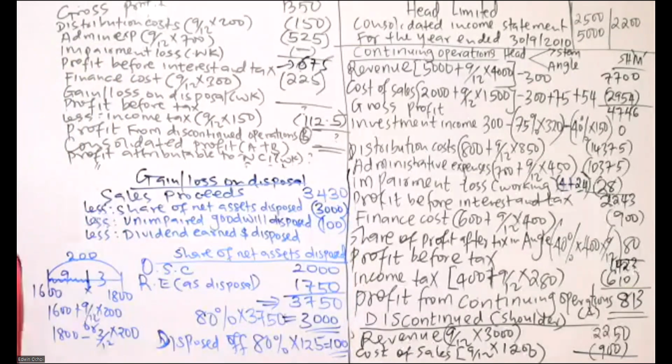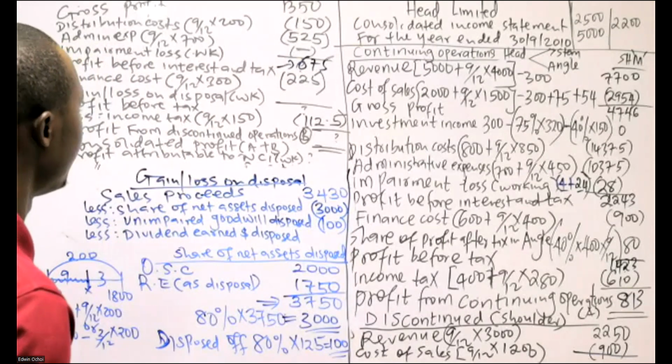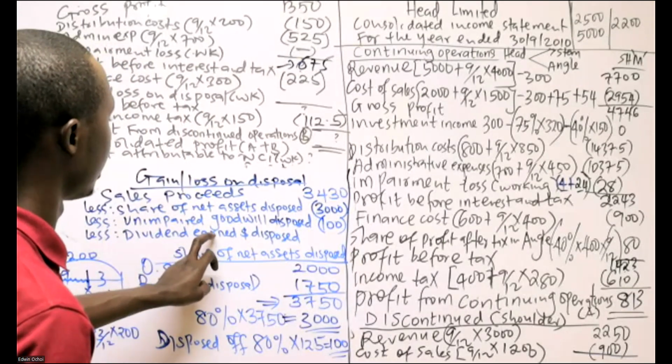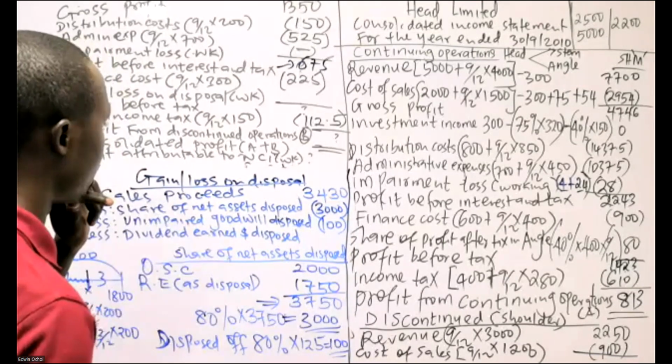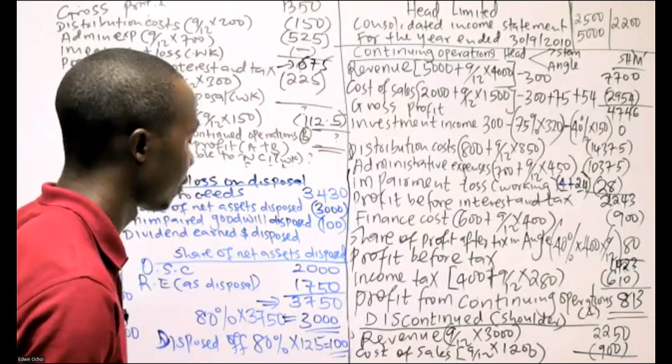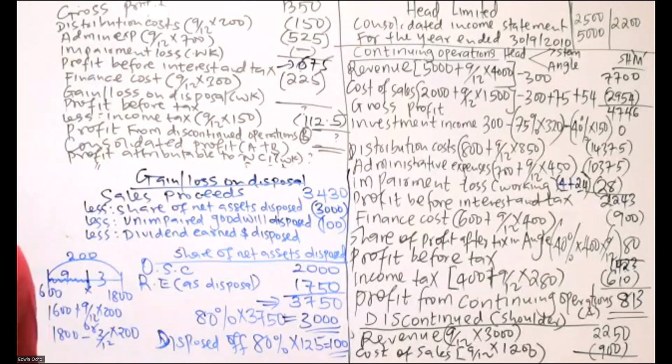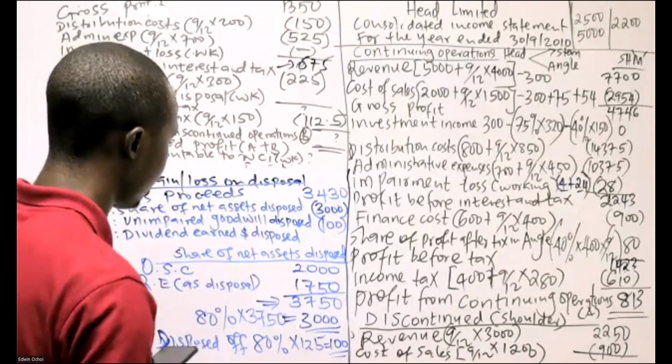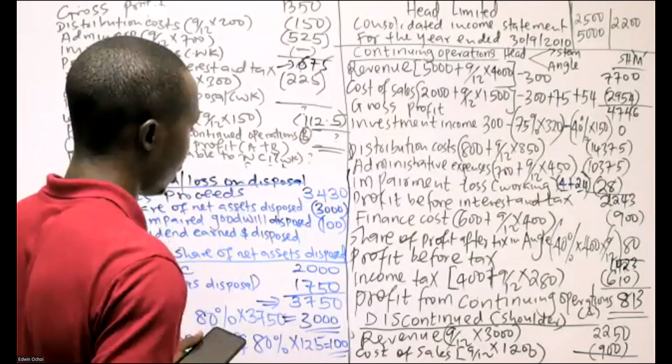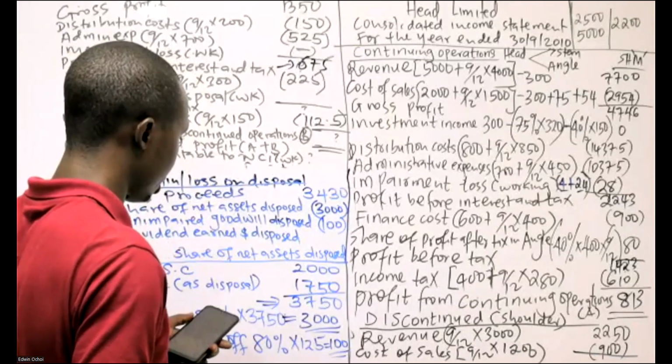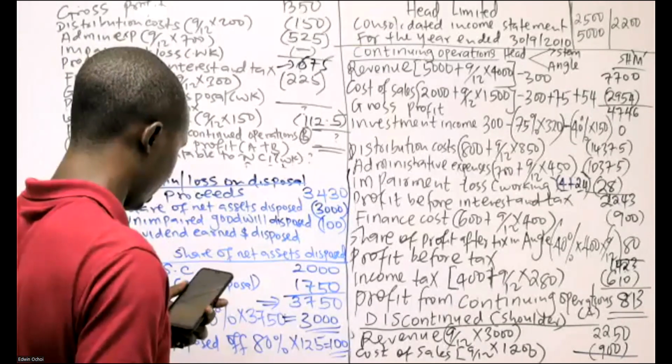Did Shoulder pay any dividend that the parent earned? So dividend earned and disposed. Any dividends which were paid by Shoulder from the question. The dividends are the ones which I now have to apportion because they have not been apportioned at any point.